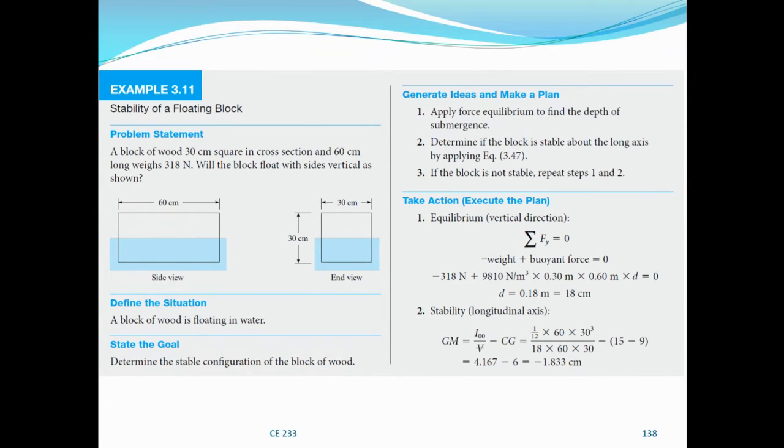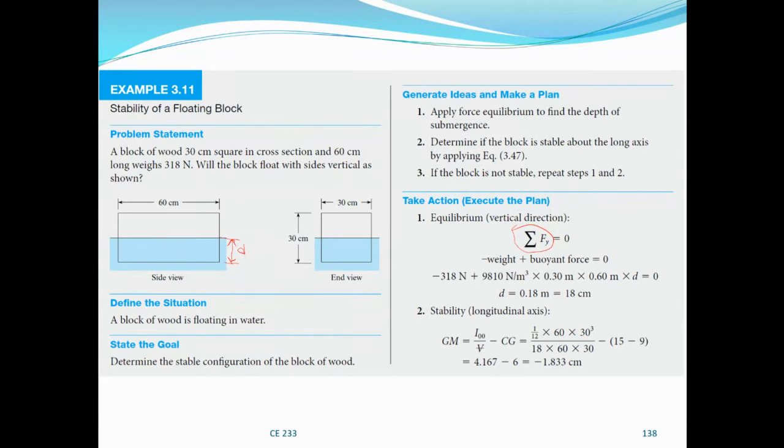The first thing we did was to find the depth of submergence, D, which is the distance to which the block has been submerged in water. To do that, we use the equilibrium equation: the summation of forces in the vertical direction is 0.